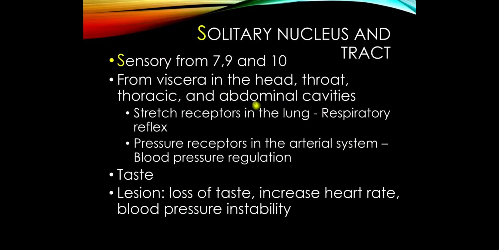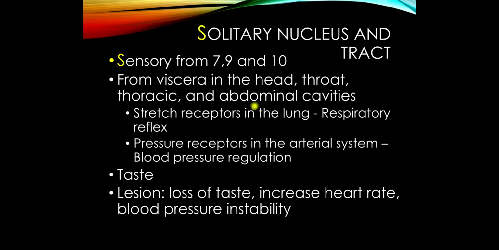So the solitary nucleus and tract, I enlarged here and put in yellow the S. You want to think of this as a sensory nucleus. It has a sensory function from cranial nerves 7, 9, and 10. So it gets broad input from viscera in the head, throat, thoracic, and abdominal cavities.